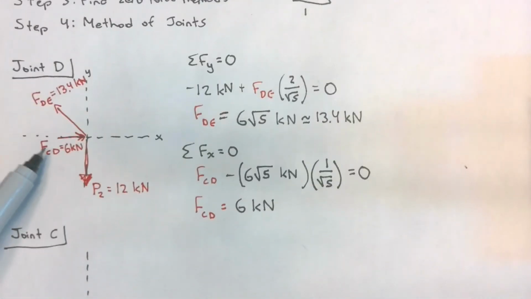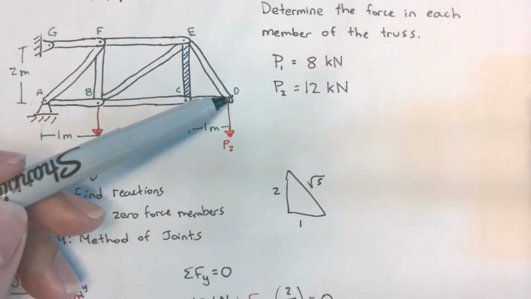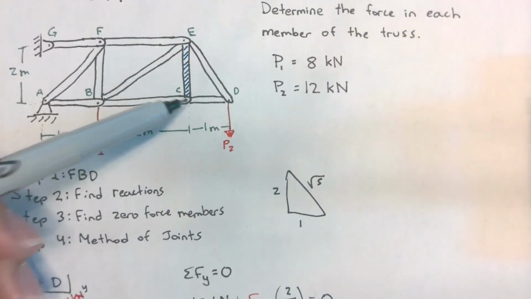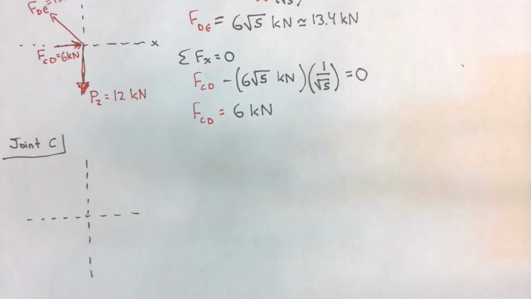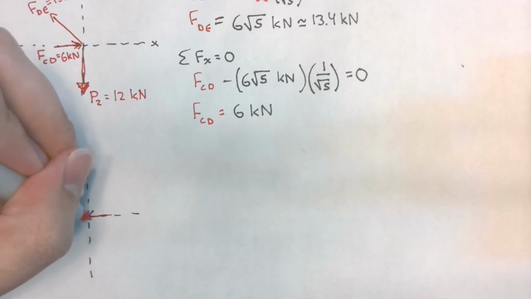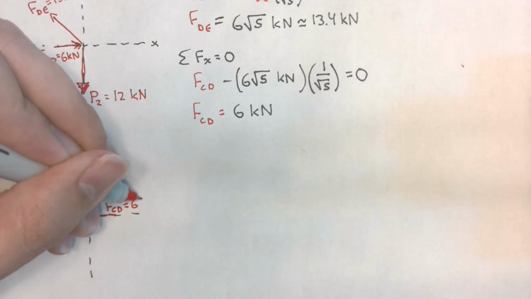We already found that force CD was a compressive force, right? It was in compression. So if force CD is in compression for joint D, it also has to be in compression for joint C. That means that my force CD will be acting towards the joint. So force CD, which we already know is 6 kilonewtons.